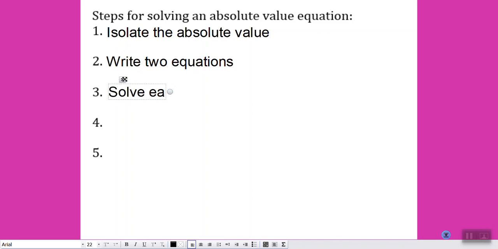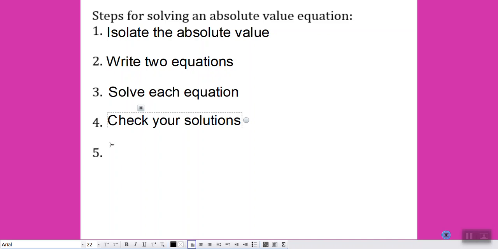Next, we're going to solve each equation. We're going to check our solutions. And then finally, we're going to graph on the number line.